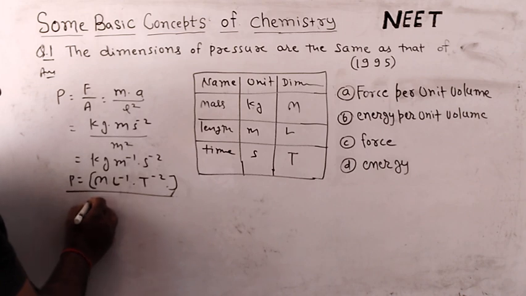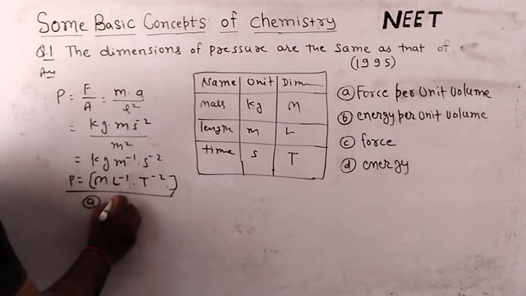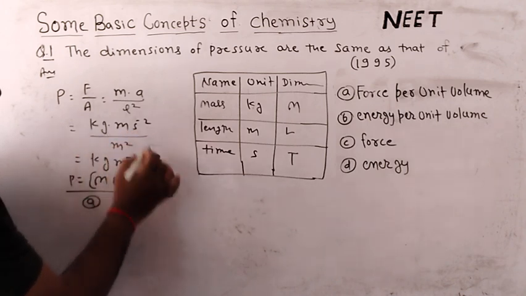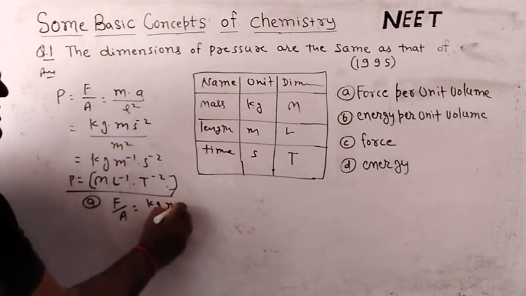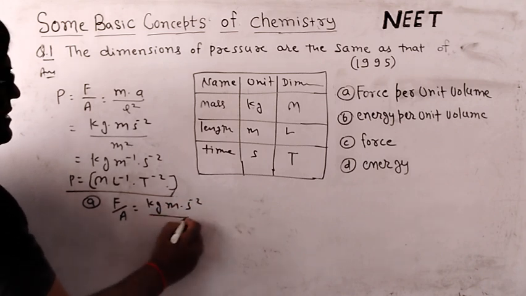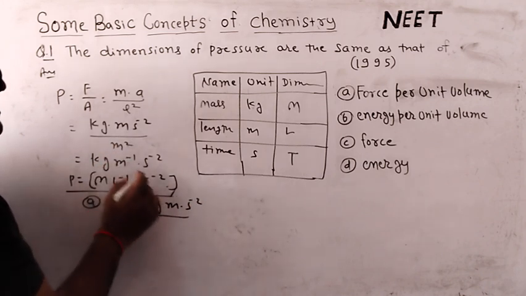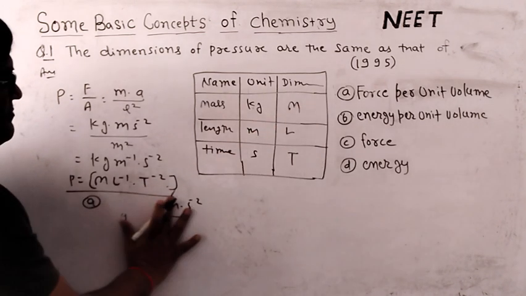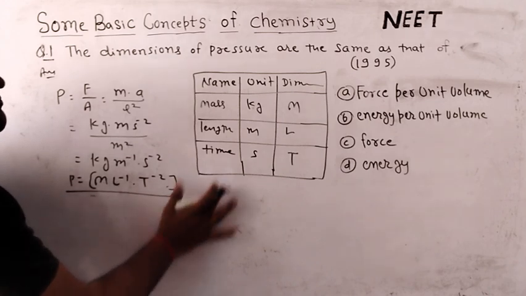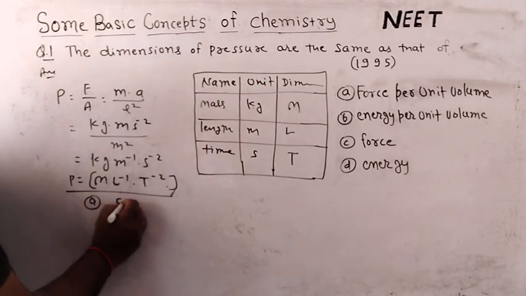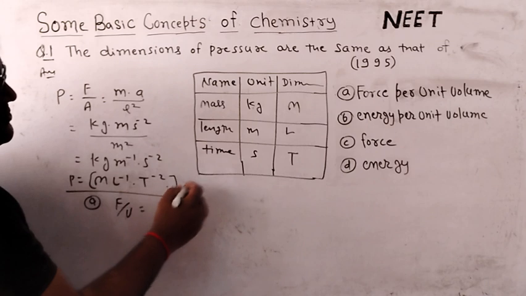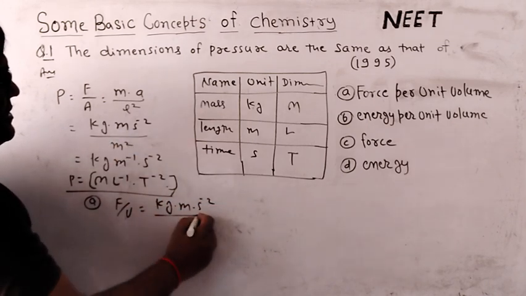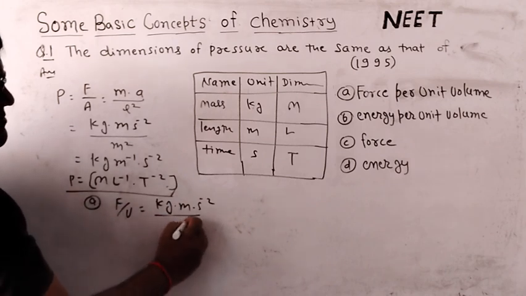Now for option A, force per unit volume. Force is kg meter per second square, and volume is meter cube.